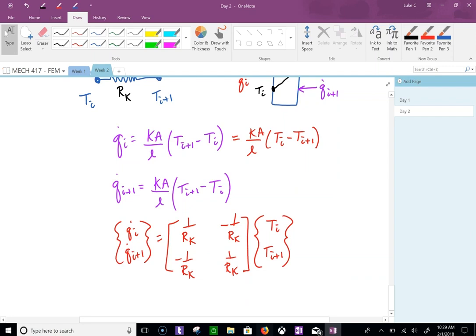And then here is your temperature matrix, okay? So now we're looking at each element. And how many elements do we have? 6. So this stiffness matrix is going to be like 7 by 7, right? Because you have 7 nodes.